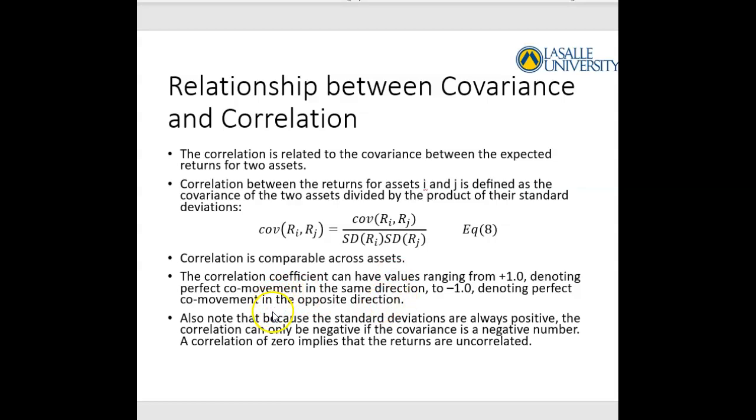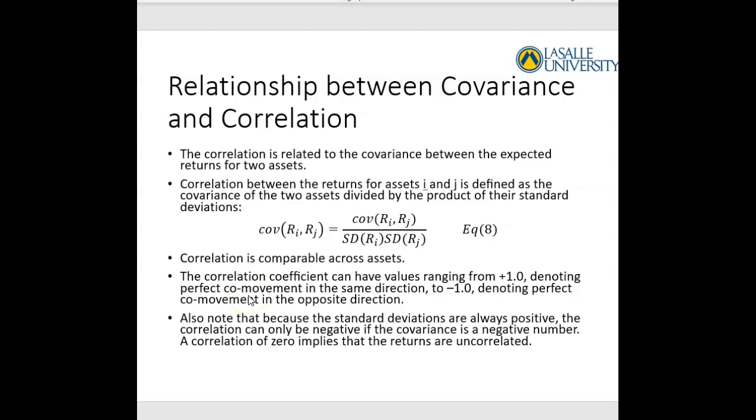One thing that we can also recall from regression and linear regression is that the correlation coefficient value ranges all the way from +1 to -1, where +1 means that there's a perfect positive relationship between the two variables, which also translates into perfect co-movement.